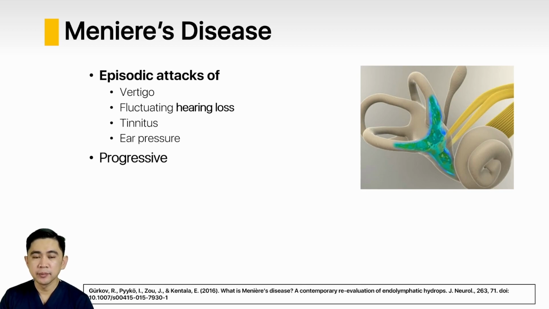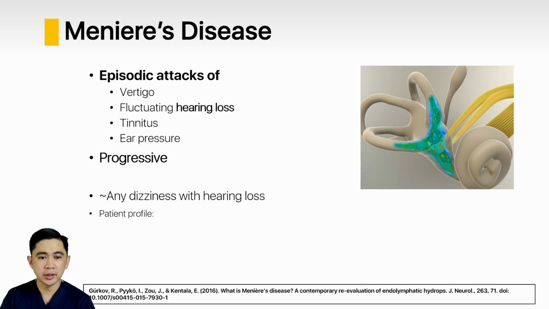It only means that when you have an attack of vertigo, hearing loss, tinnitus, and ear pressure, the next attack will be a little bit more severe. So suspect Meniere's disease in any dizziness with hearing loss. The usual patient profile is old, white, female. Meniere's disease is usually seen in Western populations and less seen in Asian populations.